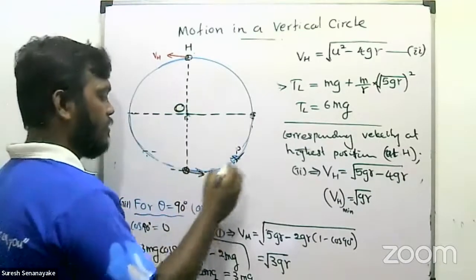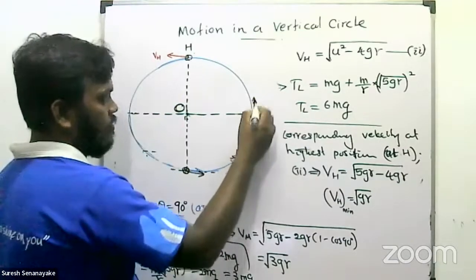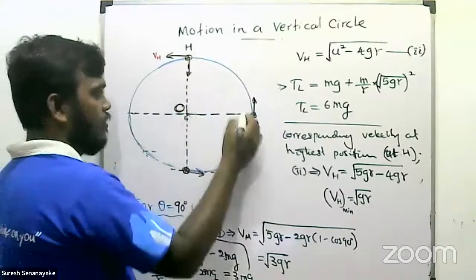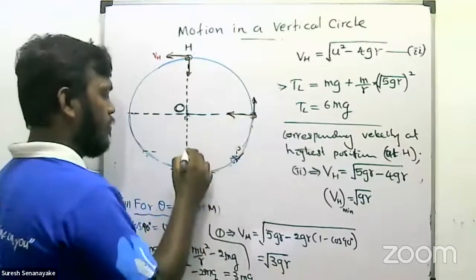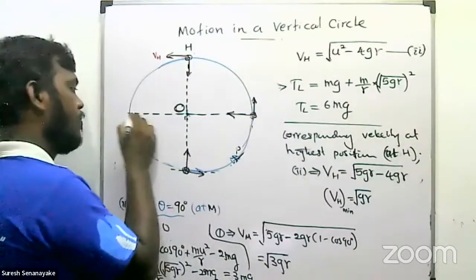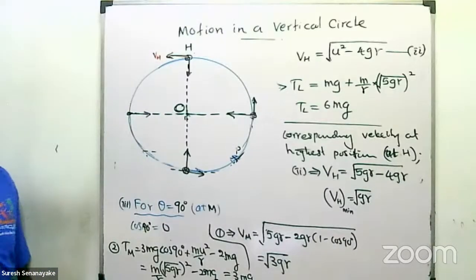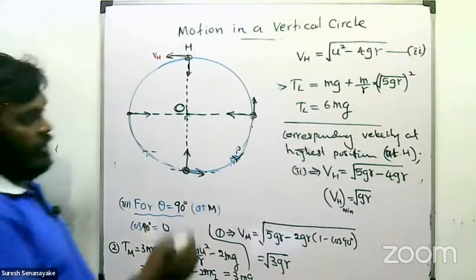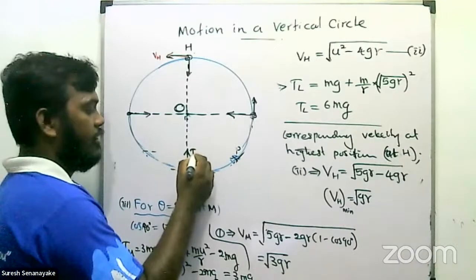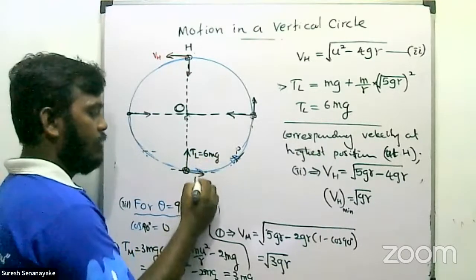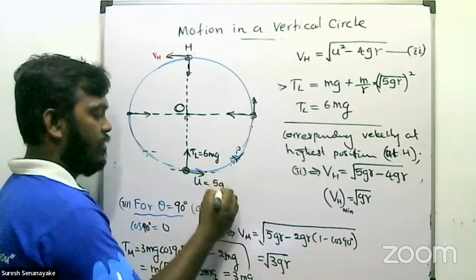To complete the circle without slacking the string, at this position the tension should be 6mg, and this u should be square root of 5gr.